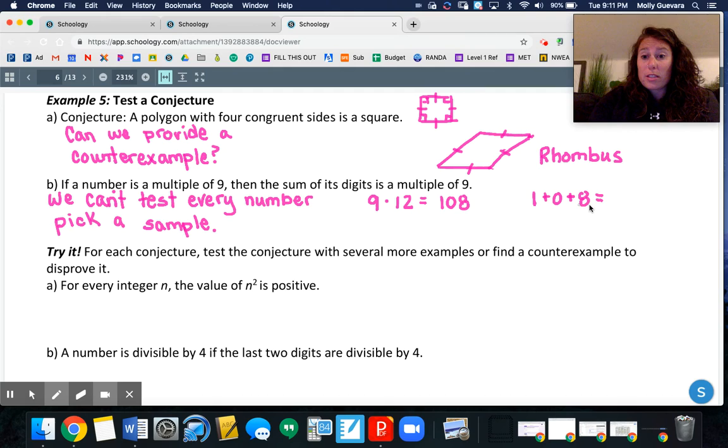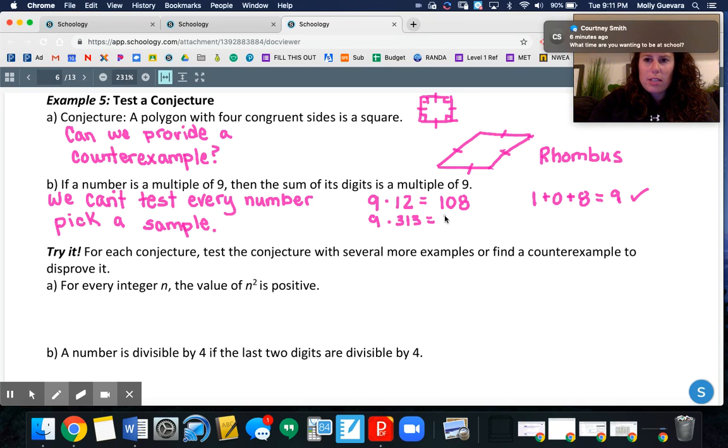So 1 plus 0 plus 8 is 9. And is 9 a multiple of 9? Yes. Okay, but it's not good enough to just test one point. So let's test some other points. 9 times, I don't know, 313. You can pick any numbers you want, okay? 9 times 313 is 2817.